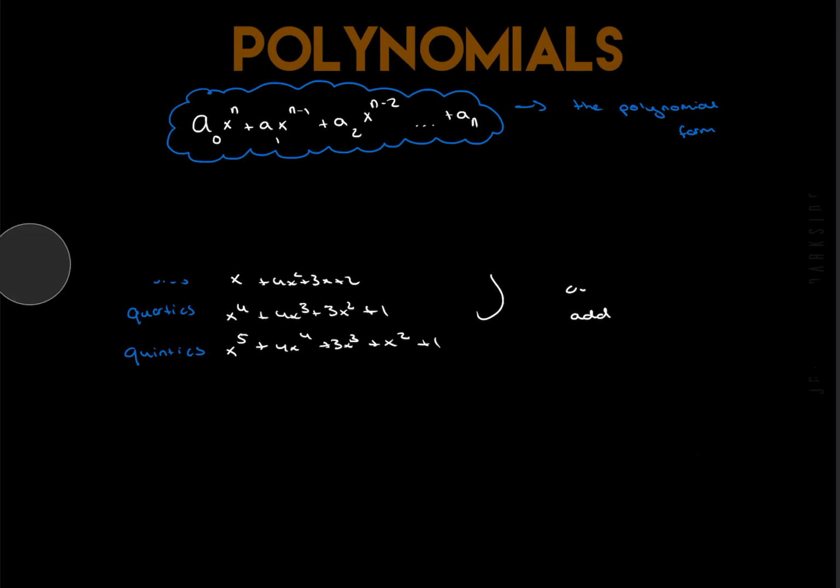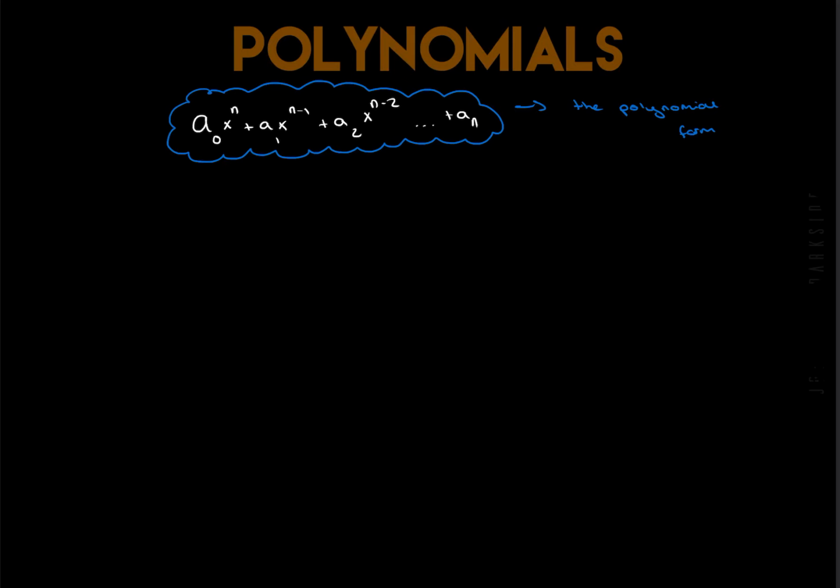So let's take another example. Let's say x squared plus 4x plus 3. This would be a quadratic.